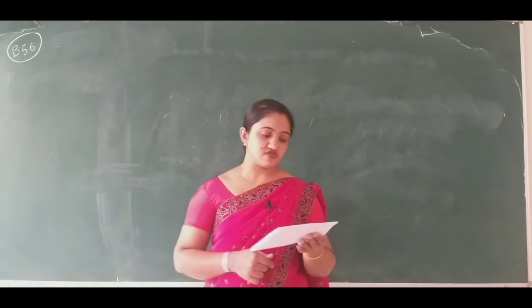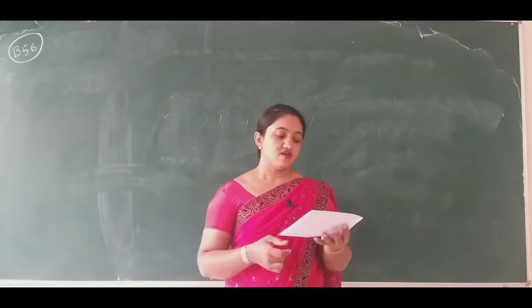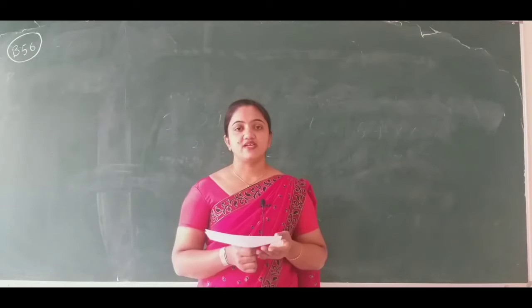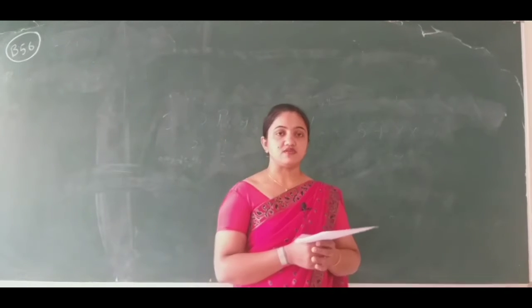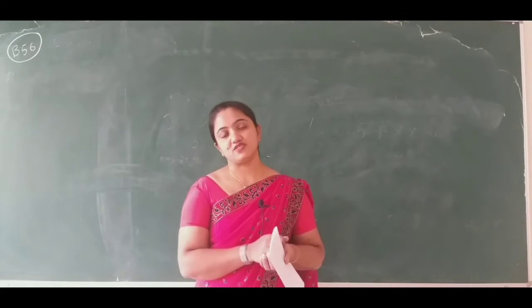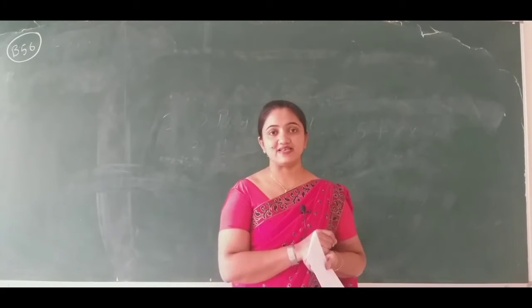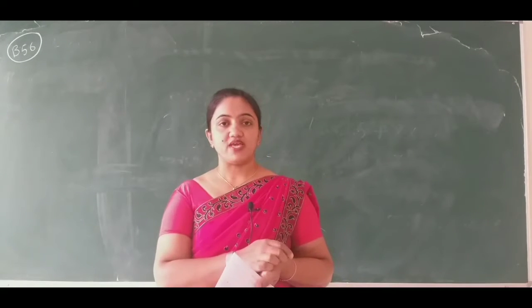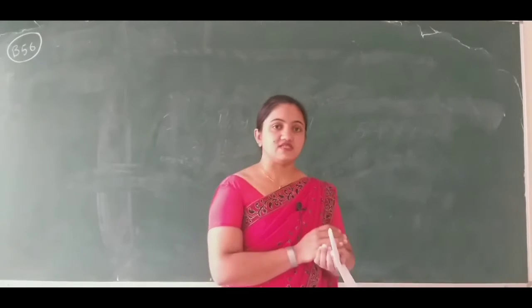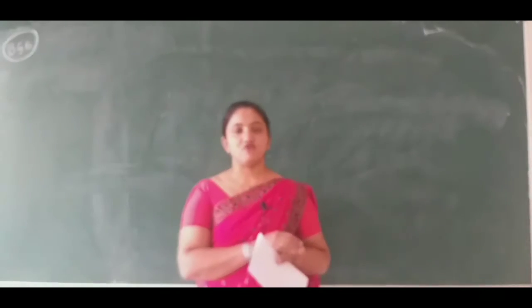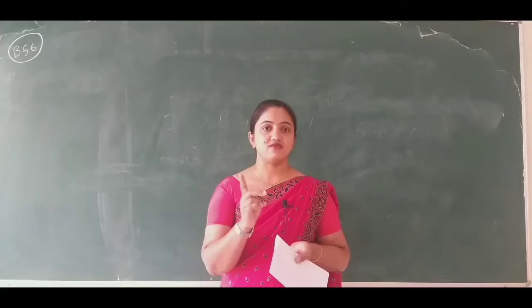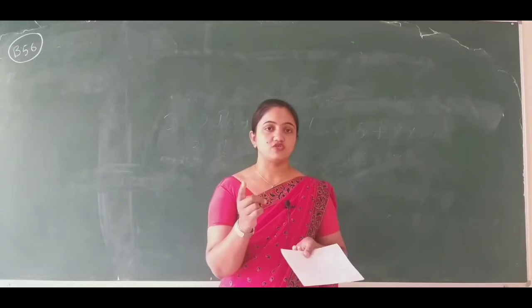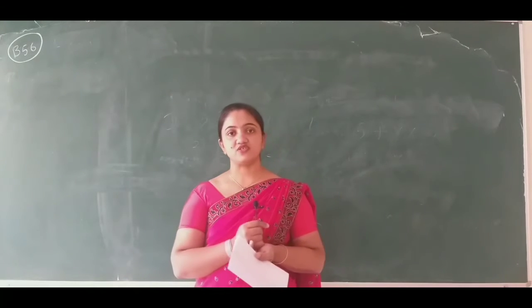So the next question, the fourth question was, write the karyotype of Down syndrome. The karyotype was like 45 XX or XY. So that is the karyotype of Down syndrome. One X chromosome gets added at the 21st chromosome.